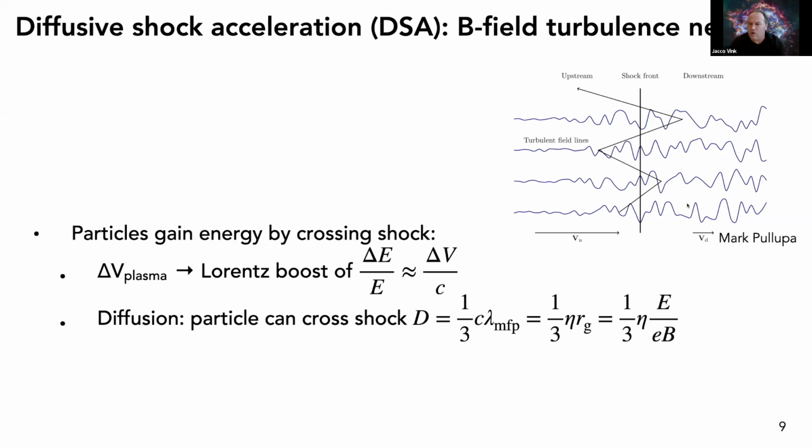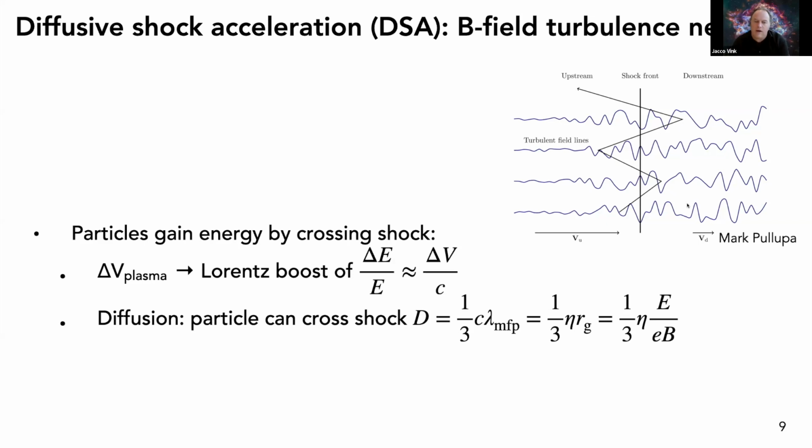The unshocked frame we call upstream, the shocked frame we call downstream, and there is a velocity difference there. And the particles feel this velocity difference because there are plasma waves, and the particles are scattering on those plasma waves, and that's how they know what the local velocity field is.